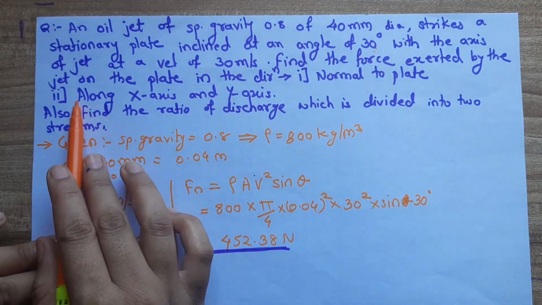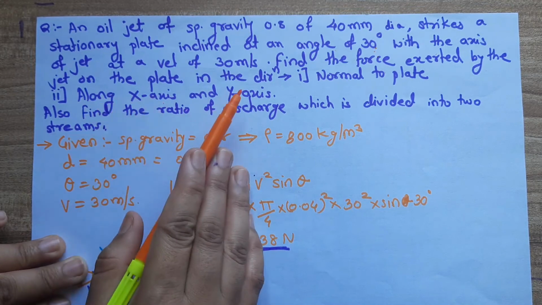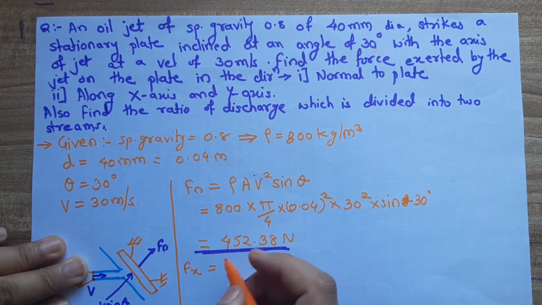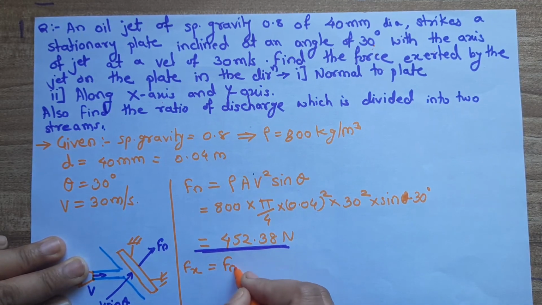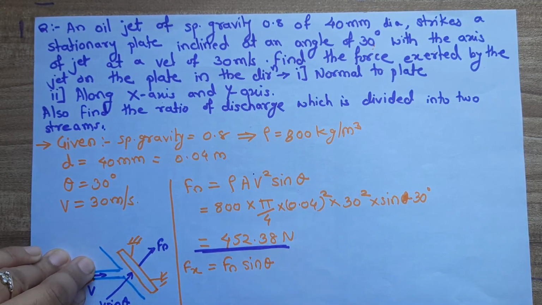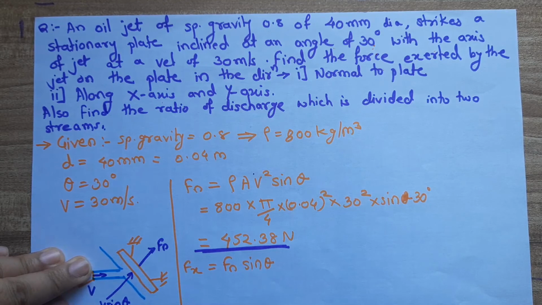Now the next thing asked is to find the force in x and y direction. That means we are supposed to find Fx as well as Fy. Now what is Fx? It is Fn sine of theta, right? You can see here this is what the Fx is, and this is 90 minus theta. So obviously it is Fn sine of theta.